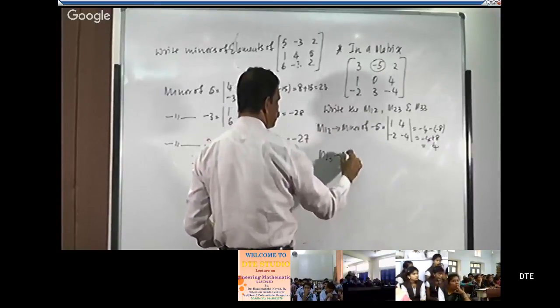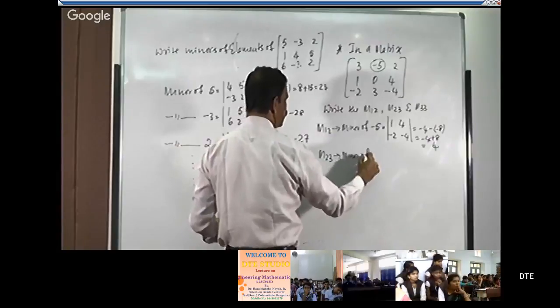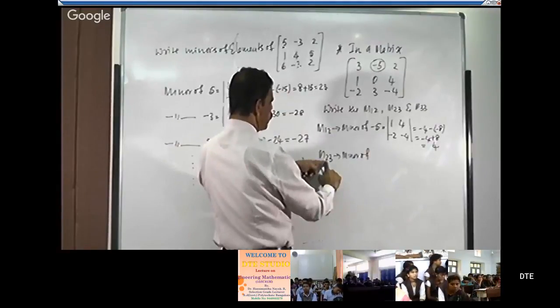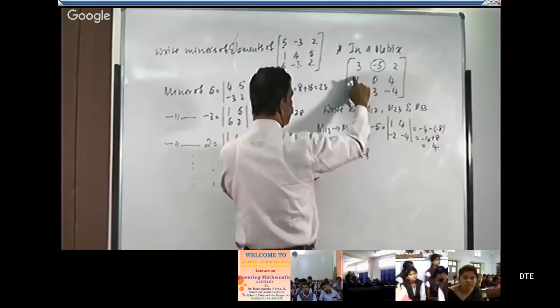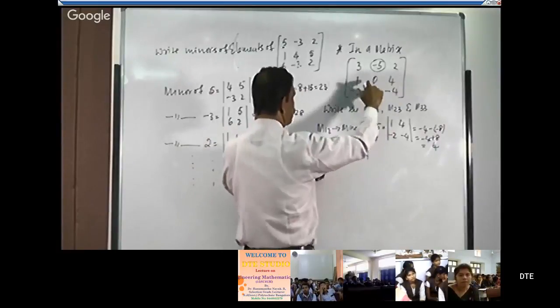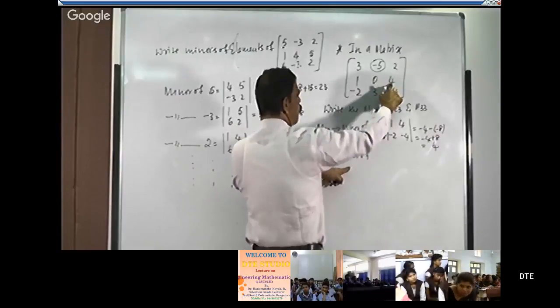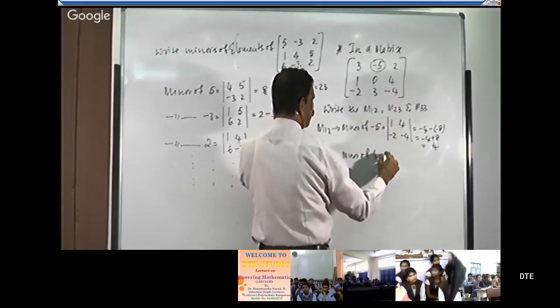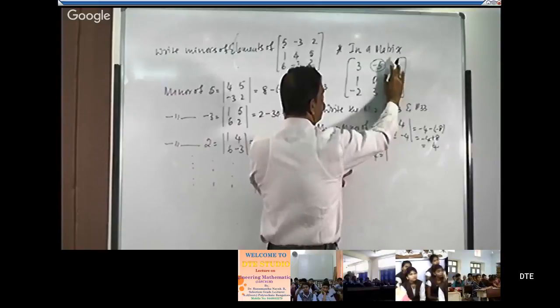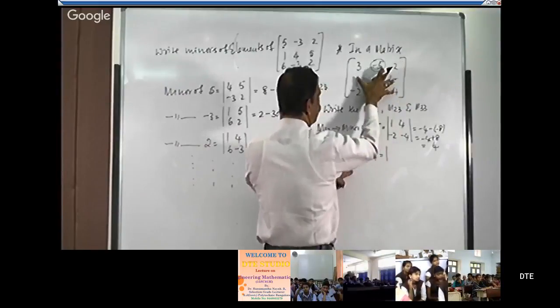M23 is what? It is minor of an element which lies in second row, third column. Which is second row? This is the second row. Which is third column? This is the third column. Therefore, we need to write minor of 4. Leave this column and row.